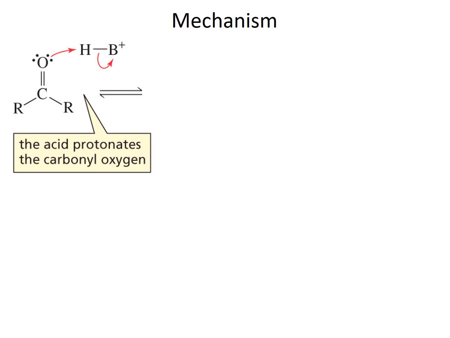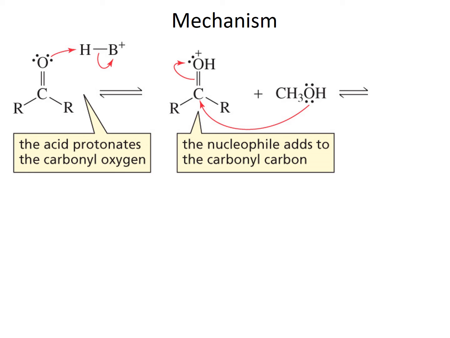The first step will be the oxygen picking off the hydrogen from your acid. I haven't drawn it here, but this structure has a resonance structure which places the positive charge on the carbonyl carbon, allowing for a weak nucleophile to add. This step is, however, the same as our other arrows for all the other mechanisms here, where your nucleophile is adding to the carbon and pushing electrons out.